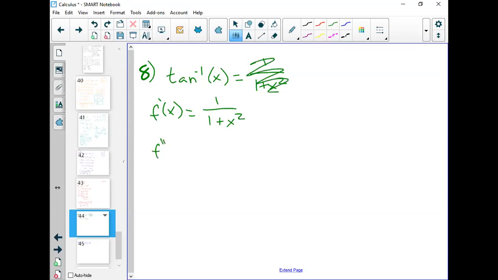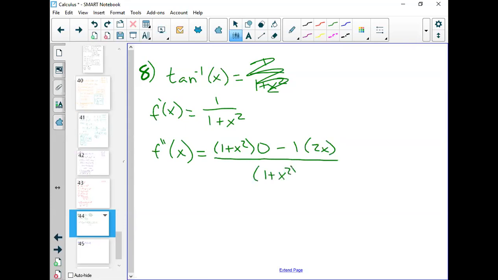F double prime of x is equal, oh man, I don't want to have to take the derivative of that. So there are two ways you could take the derivative. One is the quotient rule. Low, 1 plus x squared, d high 0, minus high d low, all over low squared below.